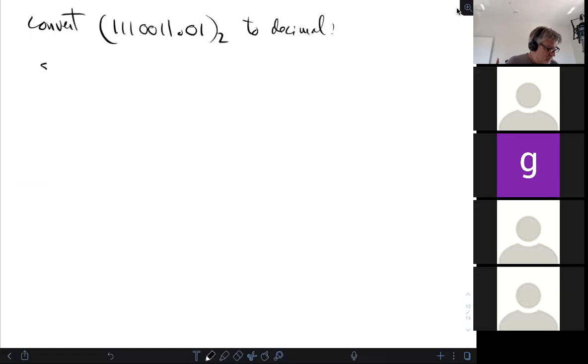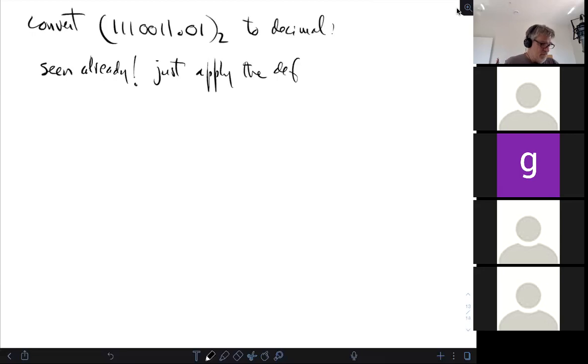So we've seen this already, just apply the definition. Okay, so what is that? Well, again, position indicates the power of 2. 0, 1, 2, 3, 4, 5, 6.